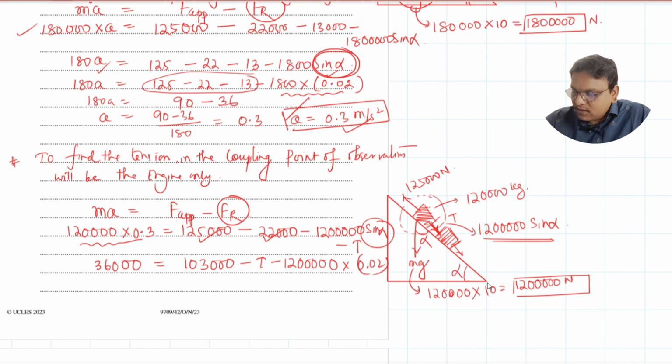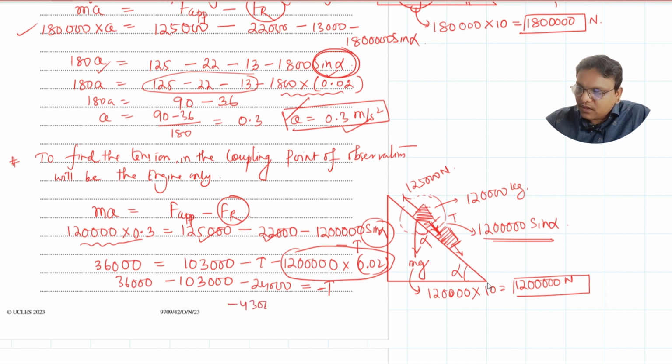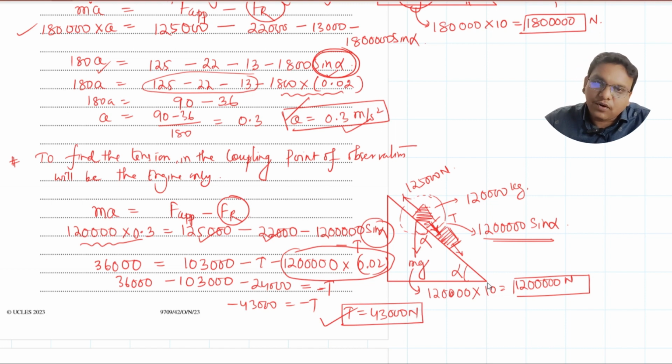If I try to solve this, 36,000 minus 103,000, and when you multiply this value, you will get 24,000, equal to T minus T. So you get minus 43,000 equal to minus T, and definitely T is equal to 43,000 Newton. So definitely the tension will be 43,000 Newton.